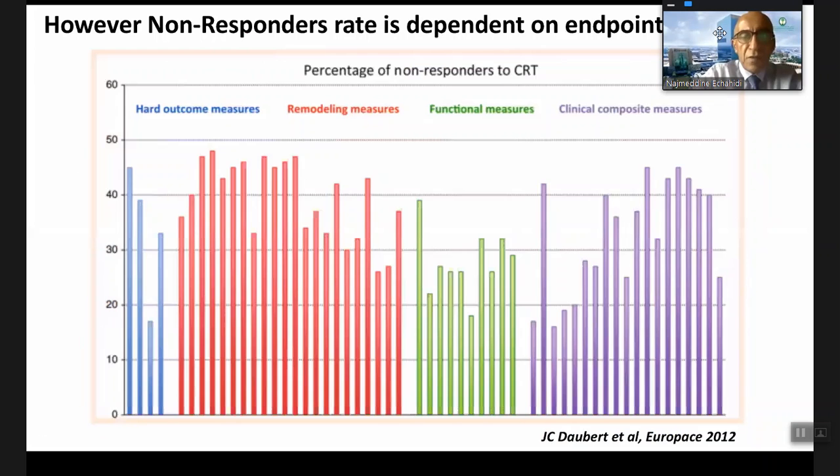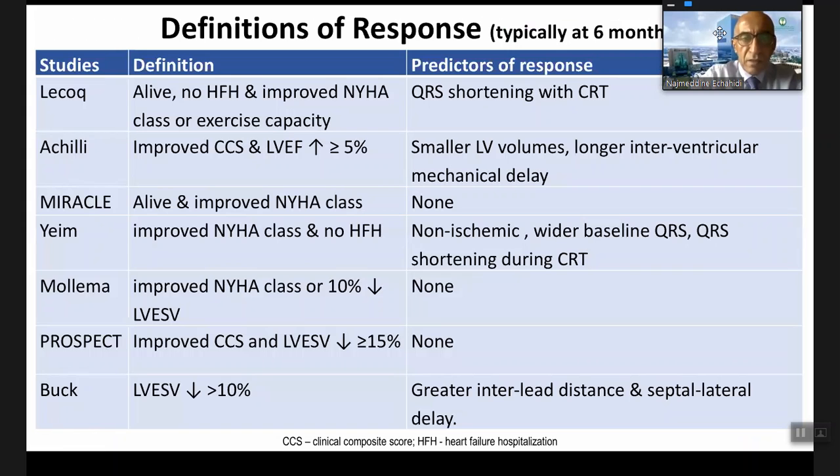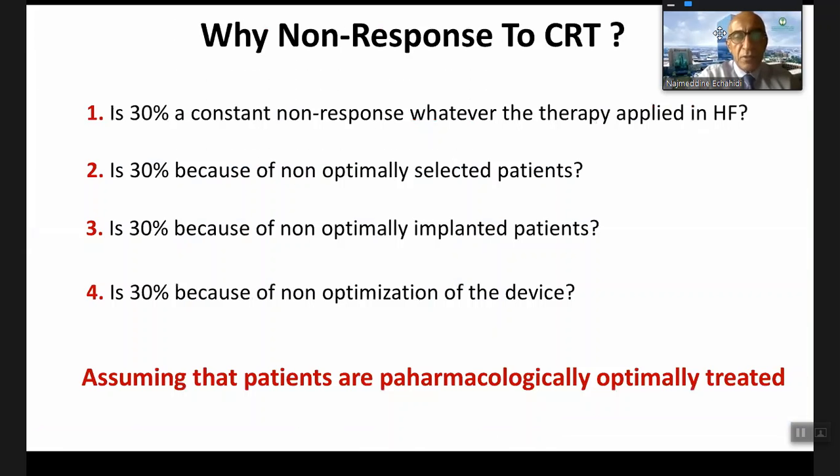And considering the endpoint, this non-response could be up to 50% if we consider, for example, the remodeling measures coming mainly from echocardiographic data. This is mainly due to the lack of a standard definition. We don't have a unique definition of which patient is a responder and which is not.